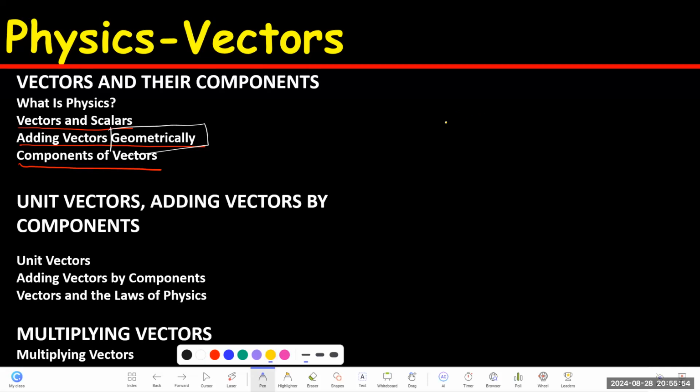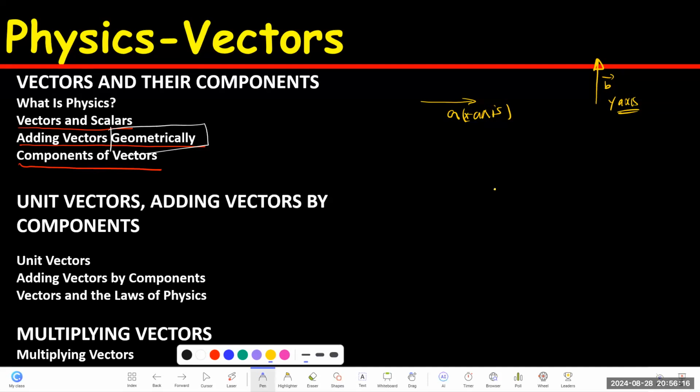What does that mean? It means I have one vector like this, A along the x-axis, right? A along the x-axis. And I have another vector B along the y-axis. I have no problem with A and B.